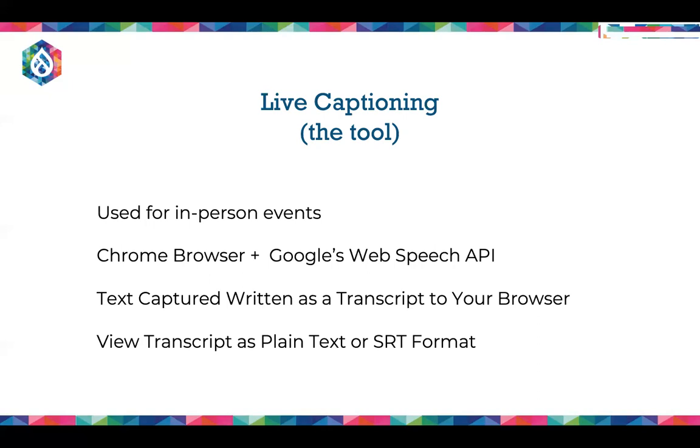a tool that we developed for use for in-person events. It uses the Chrome browser, which supports the web speech API. And that is a mechanism for converting speech to text on a web page. It communicates with Google servers to perform the conversion from speech to text.